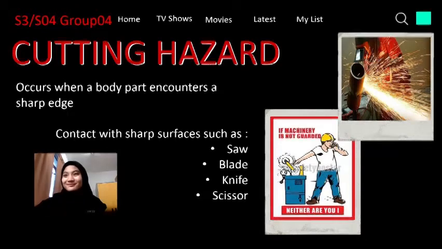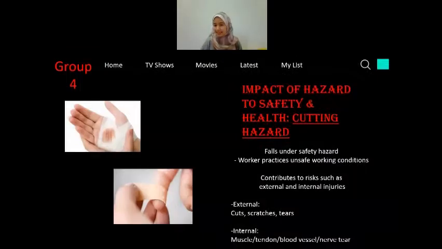our lab. Now let's discuss the impact of hazard to safety and health. In this case, we will be discussing cutting hazard. It falls under safety hazard, where it is an injury that occurs while working, where workers practice unsafe working conditions. In this case, the students practice unsafe working conditions while working in the lab for our project diploma.